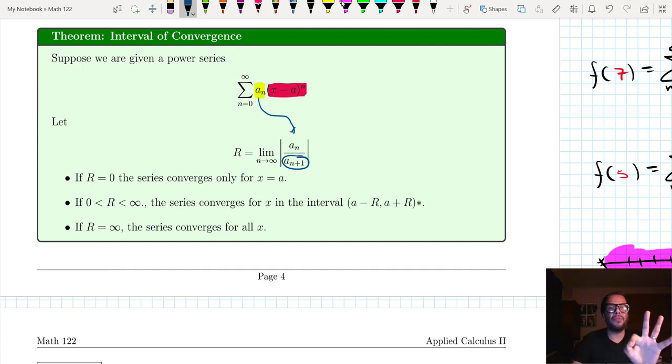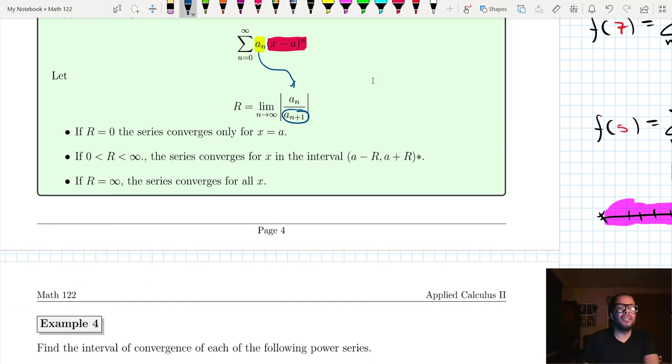And we are going to have three different criteria. If r equals 0, that limit that we get, then the series will only converge for x equals a, the number that it is centered at. Otherwise, if you get a number that lies between 0 and infinity, then the series will have an interval of convergence between a minus r and a plus r, where a is the value at which the series is centered.